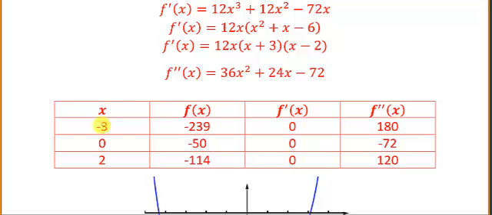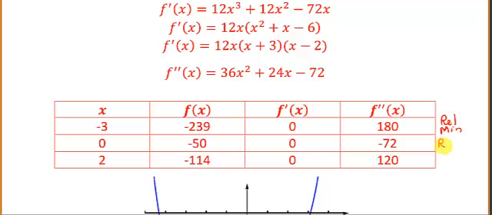Notice here I have the -3, 0, and 2, and remember those all made the first derivative 0. The -3 makes the second derivative 180, which is greater than 0. So we have a relative min at x equal to -3.